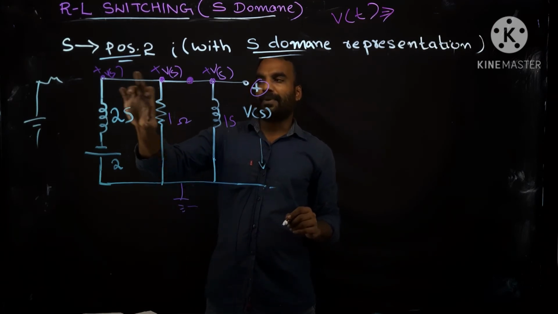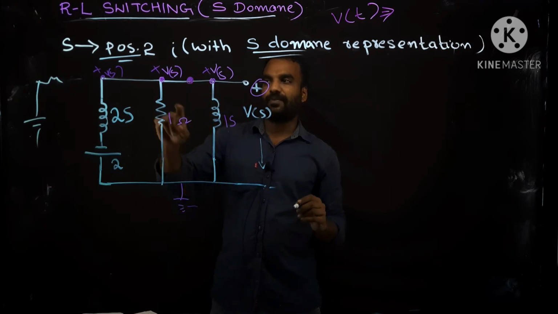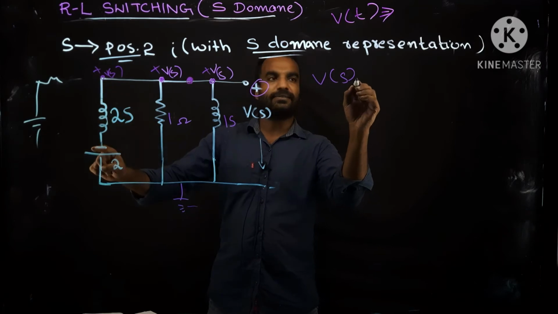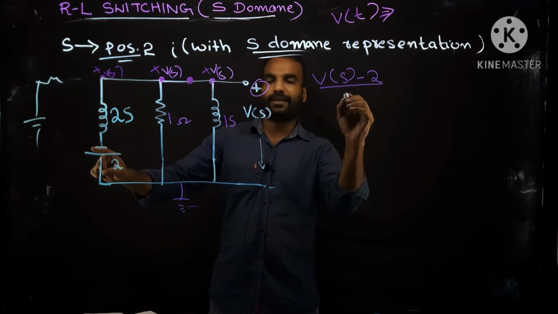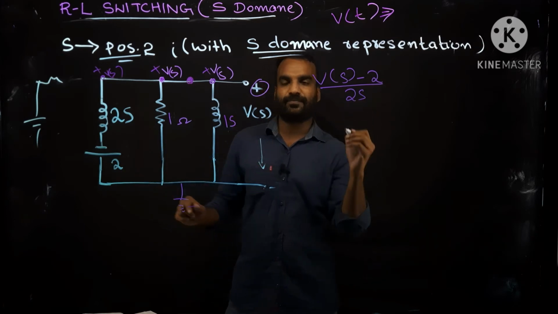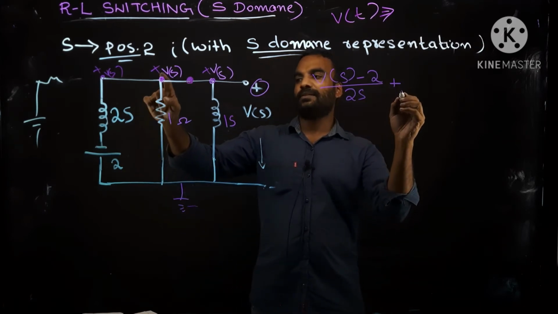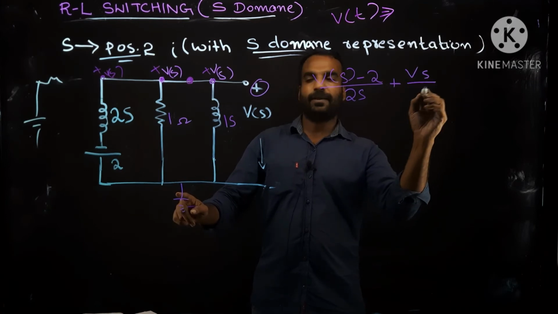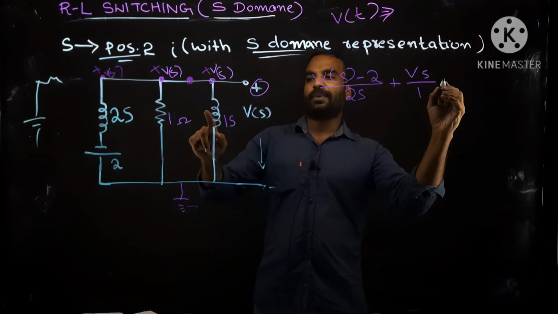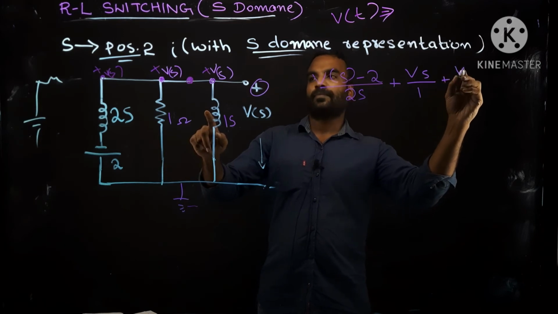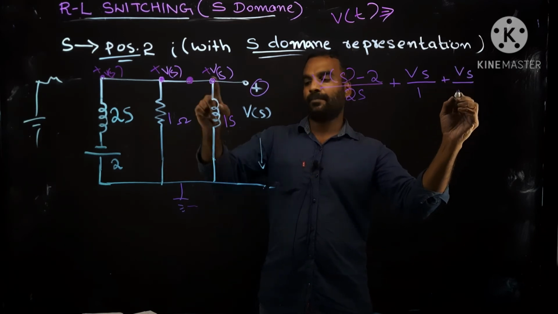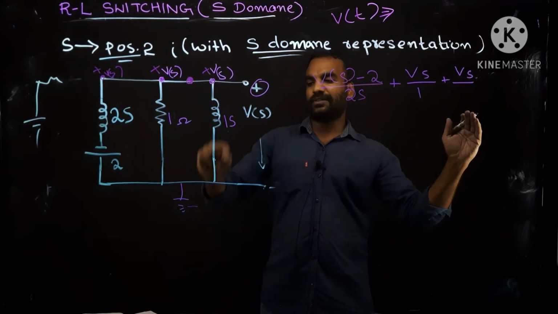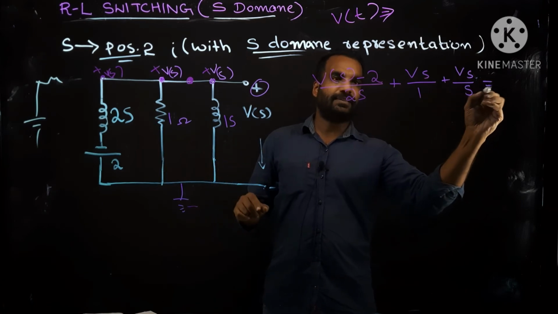So, I am writing current in all branches. For the first branch, it is V of S minus 2 volt by impedance 2S. On the second branch, it is plus V of S minus reference voltage 0 by 1. For the third branch, it is V of S by S, and that is equal to 0.